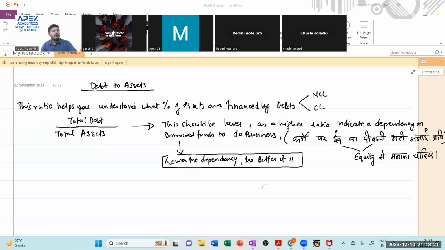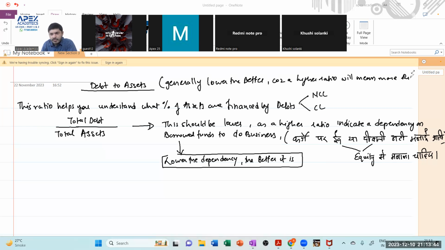So therefore, for your business to flourish, debt to assets, generally lower the better, because a higher ratio will mean more risk in the form of interest payments.